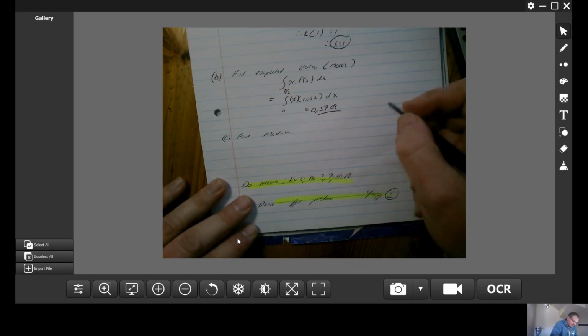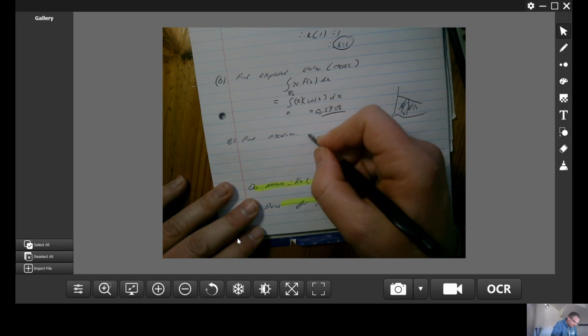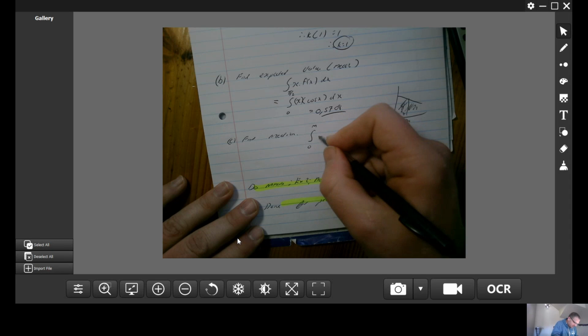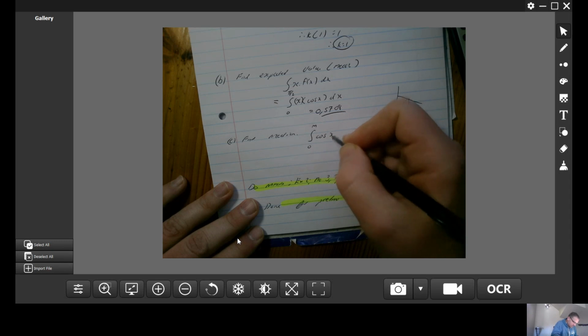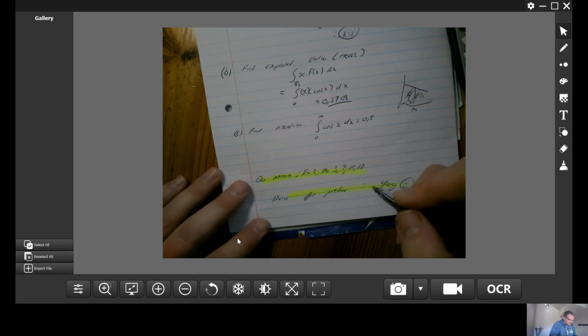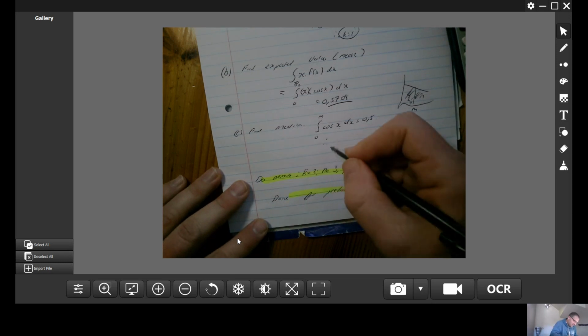And then the last part, go find the median. So to find the median, what's the key idea? The median occurs when the area to the left is equal to 0.5. So in this case, we call m the median. We're looking for the integral between 0 and m of cos x with respect to x. We want to know where that's equal to 0.5. We're going to have to do median manually always.